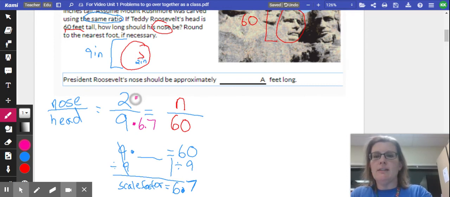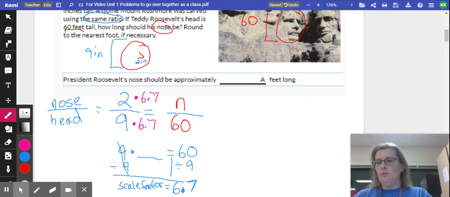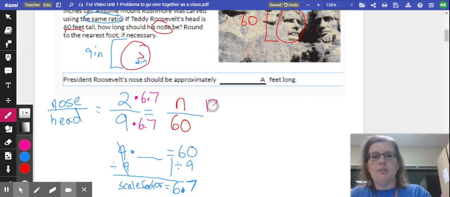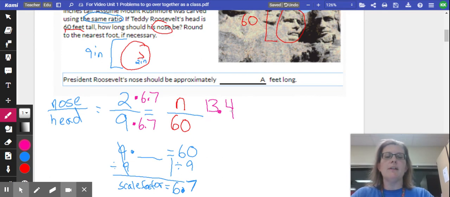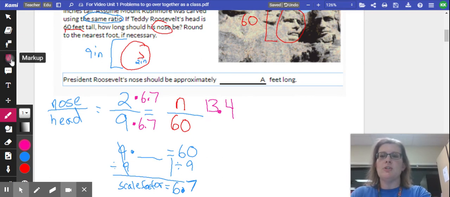Now whatever I did to the bottom, I also do to the top. So I do 2 times 6.7, my scale factor, and I will get 13.4.